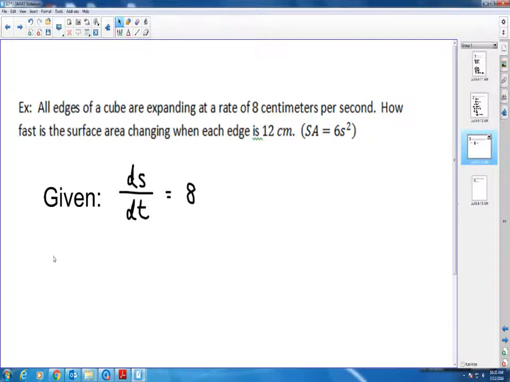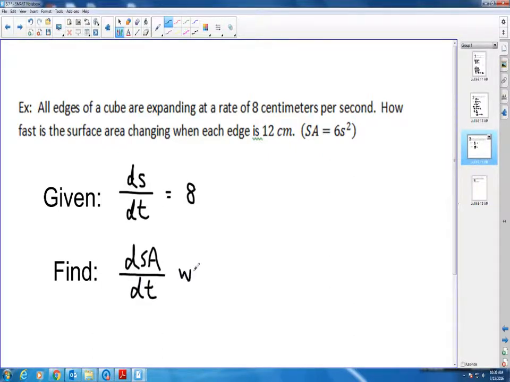What I need to find is how fast the surface area is changing, my rate of change for the surface area. So that's the derivative of the surface area with respect to time, when the edge, which I call the side s, is 12 centimeters. Now I'm going to write this as 8 centimeters per second.